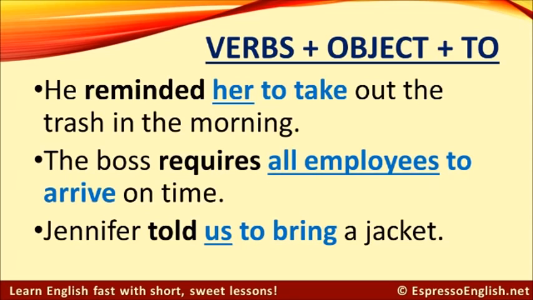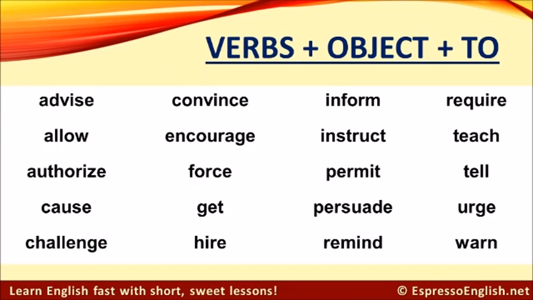All of these are examples of verbs that are followed by an object, and then the next verb has to. Verbs like this include advise, allow, authorize, cause, challenge, convince, encourage, force, get, hire, inform, instruct, permit, persuade, remind, require, teach, tell, urge, and warn.